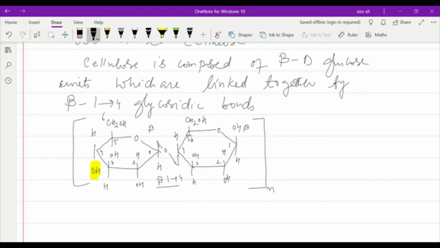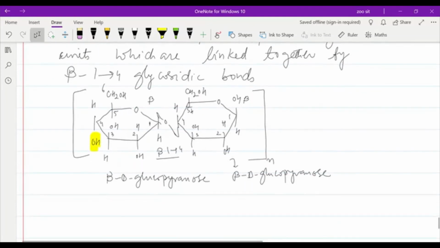This is beta D-glucopyranose, and another unit of beta D-glucopyranose. And this is the structure of the glucose.